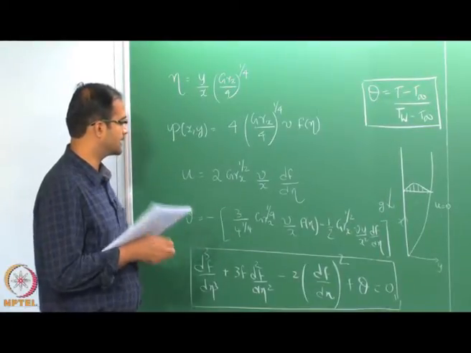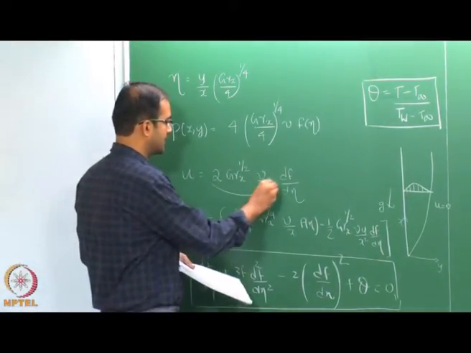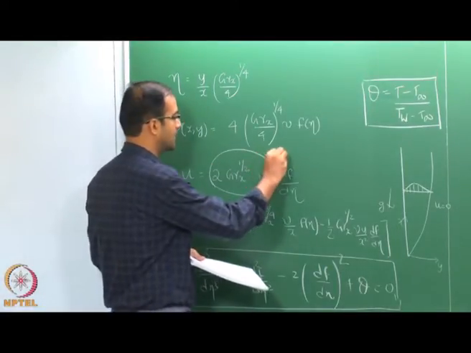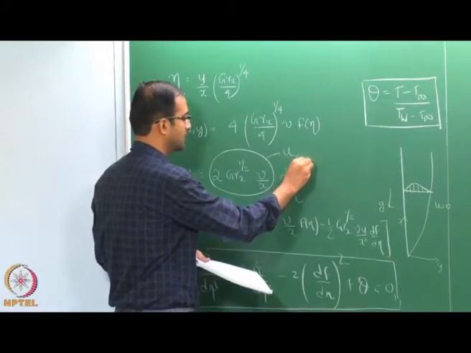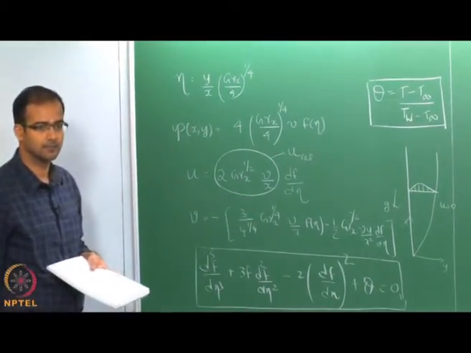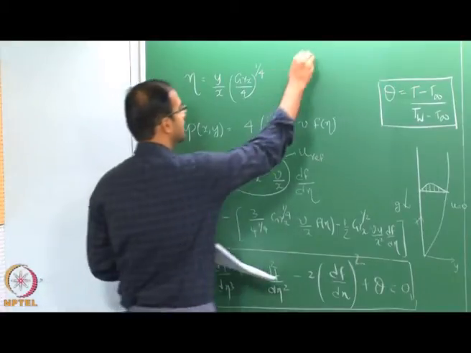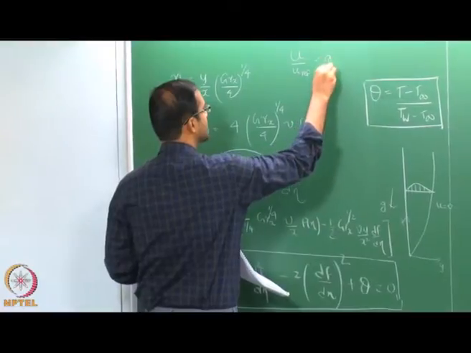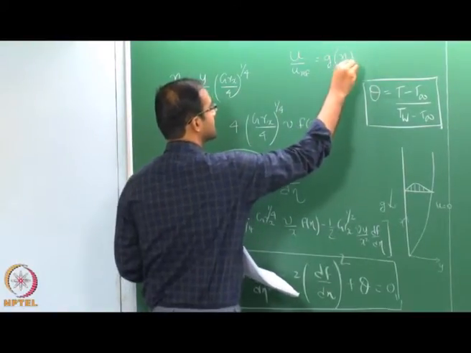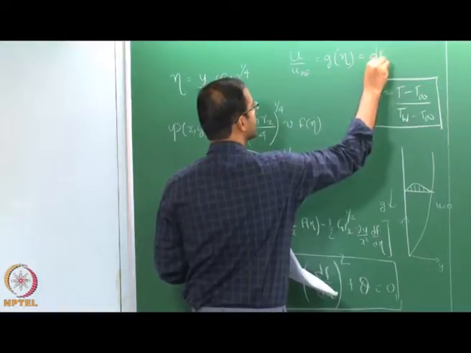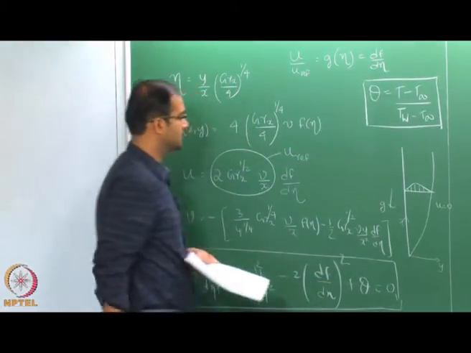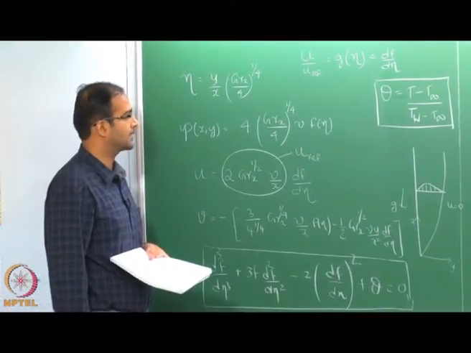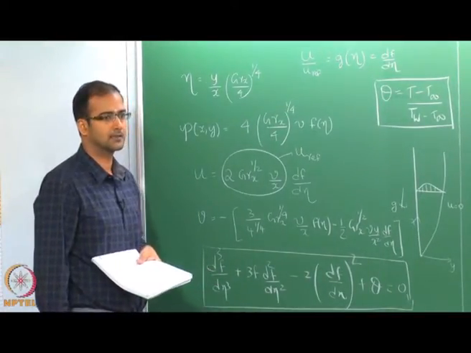So, now you should understand actually this entire component is your u reference, correct. So, this is the starting point. We assume u by u reference is actually a function of eta, which is nothing but df by d eta. So, this 2 times Grashof number to the power half nu by x should be equal to u reference. You can please check that.